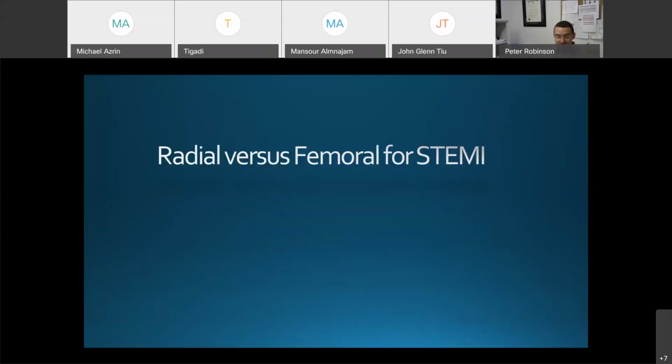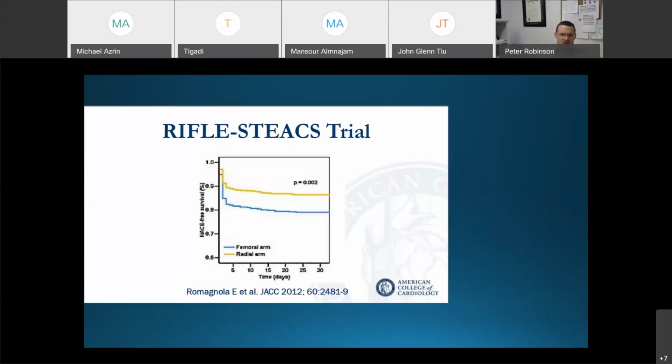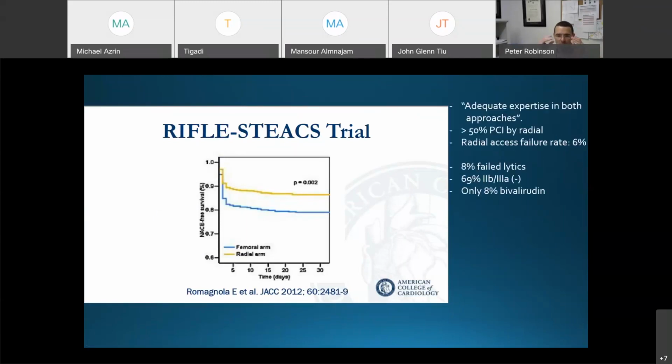Radial versus femoral in STEMI. Somebody said this to me recently about mortality benefit. This comes from the RIFLE-STEACS trial, showing improved survival in the radial versus femoral approach. When you dive into the details, they did say they had adequate expertise in both approaches, but most of the folks were doing radials in this trial.